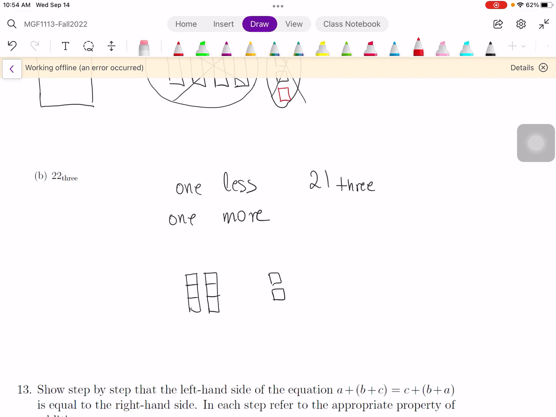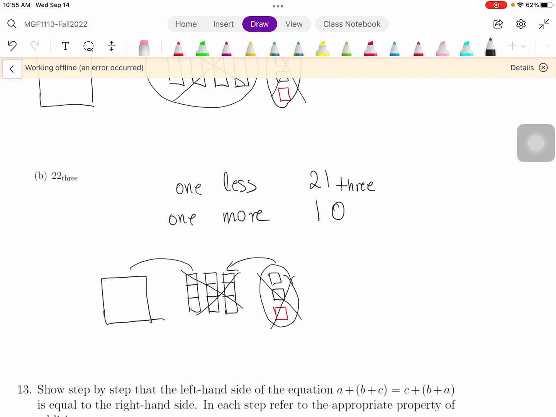You're going to add 1 unit to it, and whenever you group by 3 in base 3, that becomes a long. But now we have 3 longs, so they will become a flat like before. So what you end up with again is 1 flat, 0 longs, 0 units in base 3.